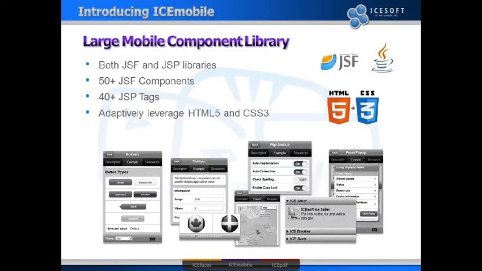UI components are designed from the ground up to intelligently adapt to each platform. And by adapting to each platform, we're able to selectively leverage HTML5 and CSS3 capabilities where they're available. For instance, some older devices might not be quite as capable. They might not support all of HTML5 and CSS3.